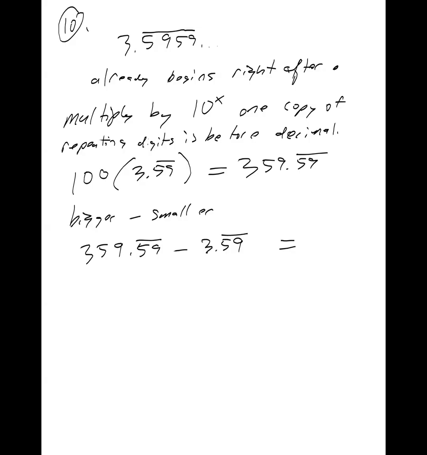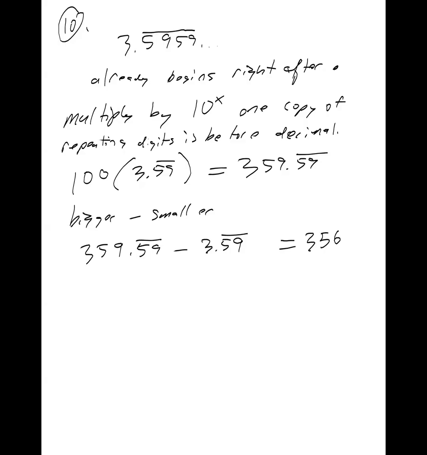Remember, there are 2 subtractions actually happening, before the decimal and after the decimal. So 359 minus 3 is 356, right? Sorry, when I write on the screen, my numbers loop over too much sometimes. And the 0.59 repeating minus 0.59 repeating just cancels out.